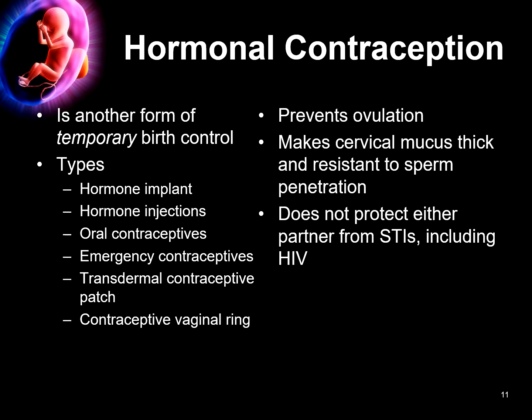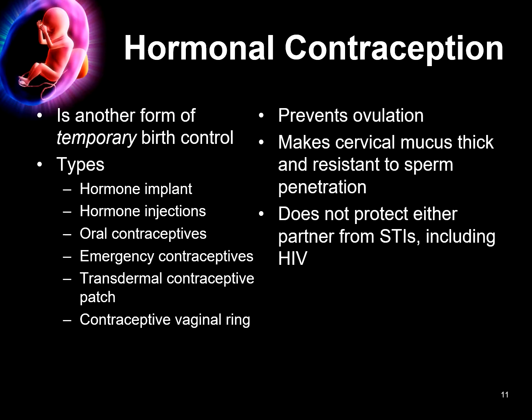So then you have oral contraceptives, and those come in many forms. There are combined oral contraceptives, there are progestin only, and then you have emergency contraceptives, which are also a hormonal contraceptive. There are at least 2 types of those. And then the transdermal contraceptive patch, which can be used easily. And you have the contraceptive vaginal ring, which is used for 3 weeks and then out for 1 week.